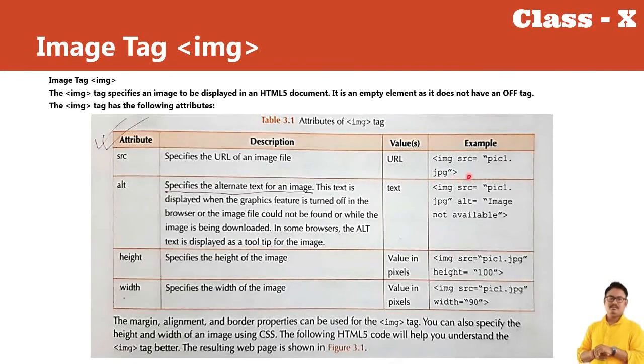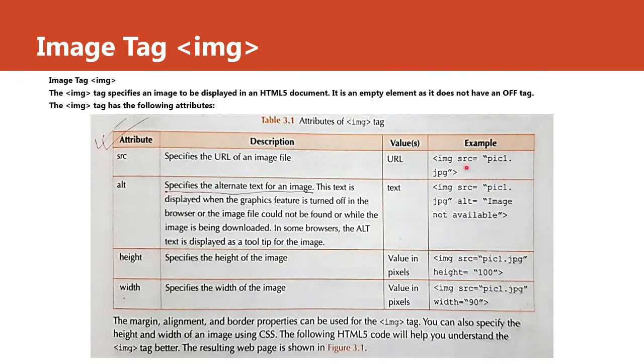That means if you want to insert a picture, that time you need to type IMG, because IMG is the tag, and under that, attributes. Attributes you already know, with the tag only it is written and then closed with the angle bracket. So then after that, SRC specifies the URL of the image file.